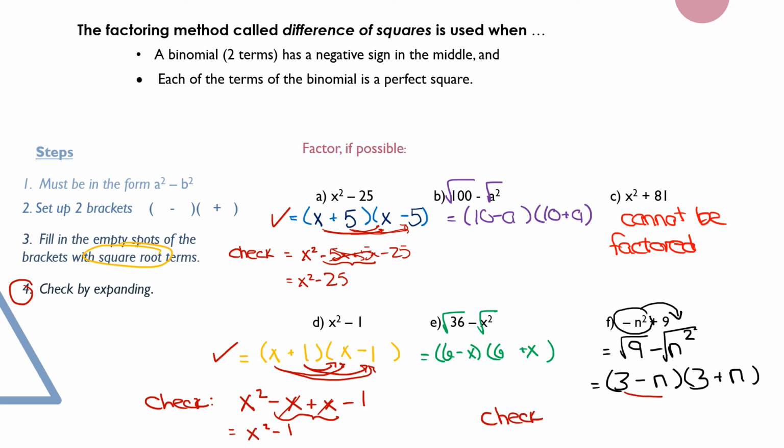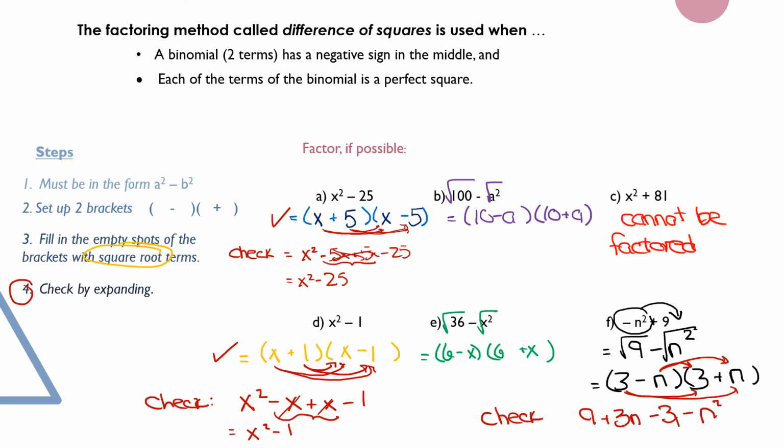So first 3 times 3, that is 9. And now 3 times n is a positive. We always put the number first, 3n, not n3. Now negative n times positive 3 is negative n3, but we have to write the number first, negative 3n. And now negative n times positive n is negative n squared.